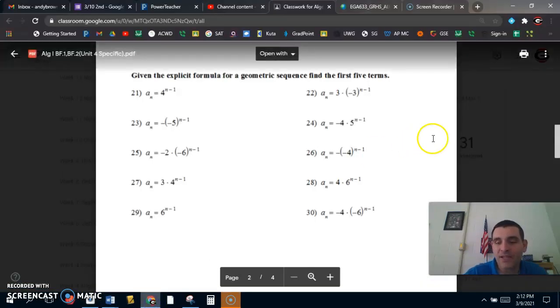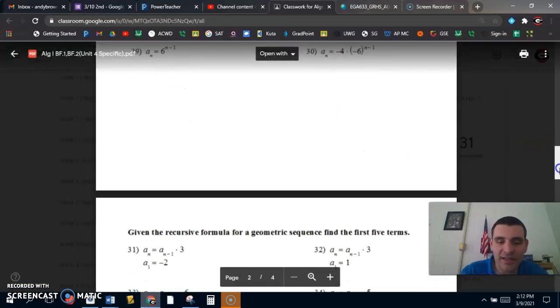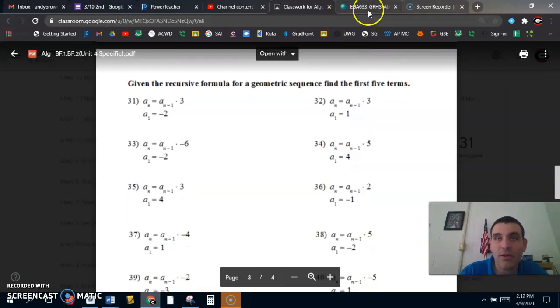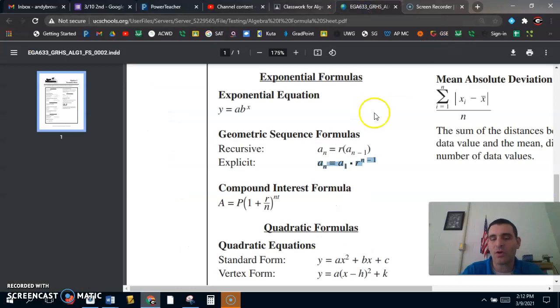Lastly, let's look at an explicit or a recursive. Okay. We'll go to the formula page here. Recursive, as you can see here, says a sub n is equal to r times a sub n minus 1. And that n minus 1 is a clue here that it's recursive.